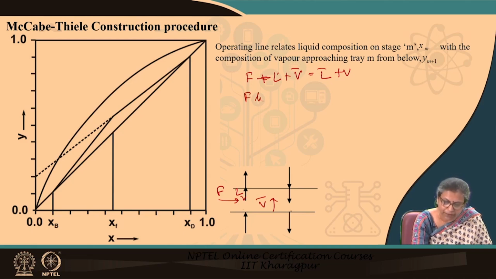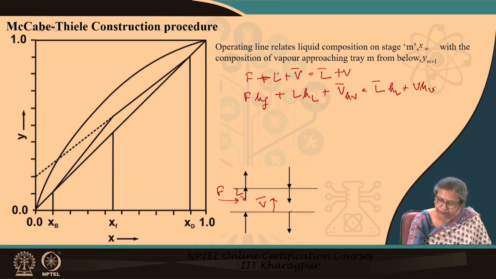From an enthalpy balance we can write F HF plus L HL plus V bar HV equals L bar HL plus V HV. You will remember that we had assumed that the molar latent heats are the same, right.